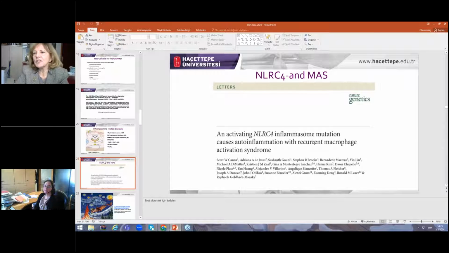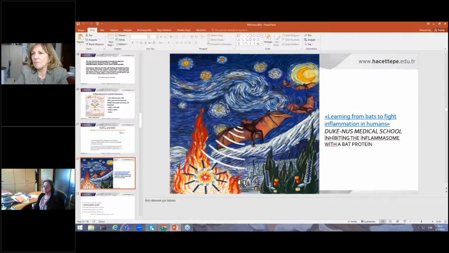And you know, the pediatricians like macrophage activation syndrome very much. We know that this disease also causes early onset inflammatory bowel disease. So it's always something you should consider when you have a patient with recurring macrophage activation syndrome.